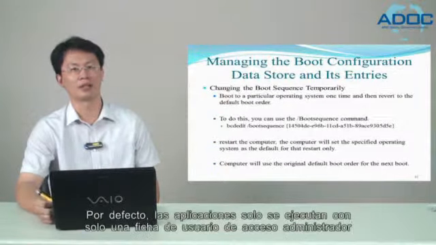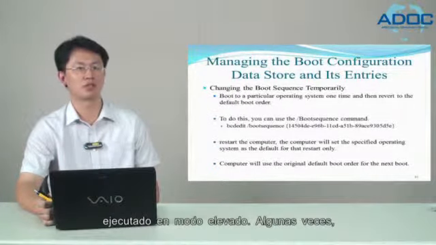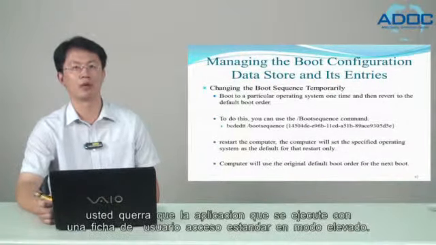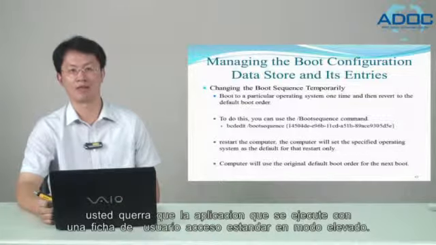Configuring run levels. By default, only applications running with the user's administrator access token run in elevated mode. Sometimes you will want an application running with a user's standard access token to be in elevated mode.